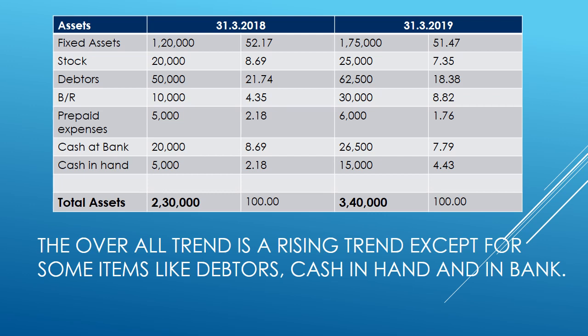These are all different names meaning the same, but the most frequently used name is the common size statement. I hope you have understood this part. Similarly, we will also solve a numerical related to framing a common size statement for the profit and loss account.